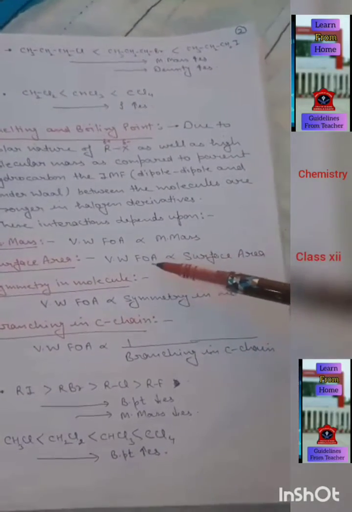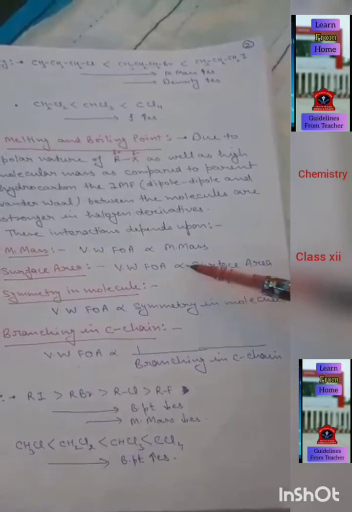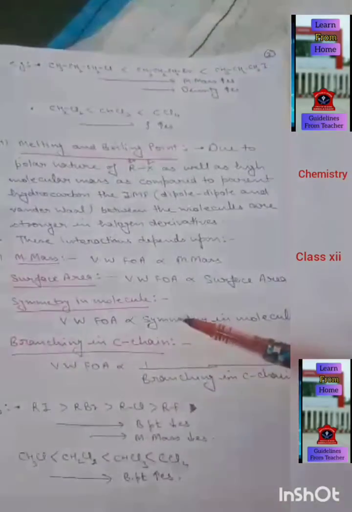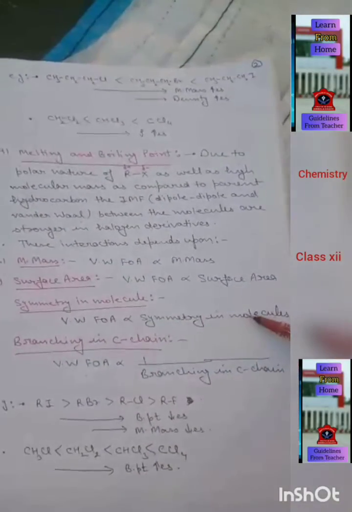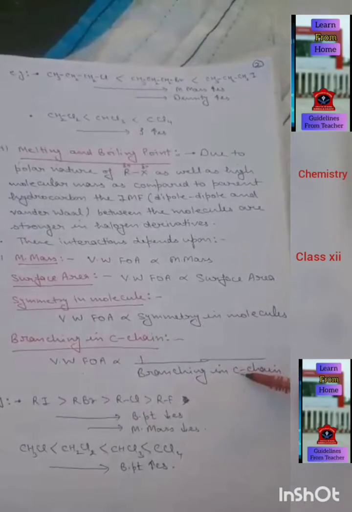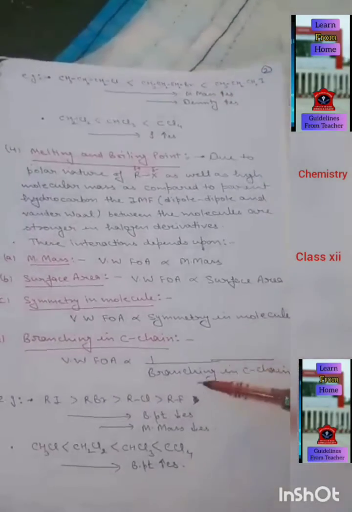Similarly, this force also increases with surface area, so it is directly proportional to surface area. Van der Waals forces of attraction are also directly proportional to symmetry of molecules, but inversely proportional to branching in the carbon chain.